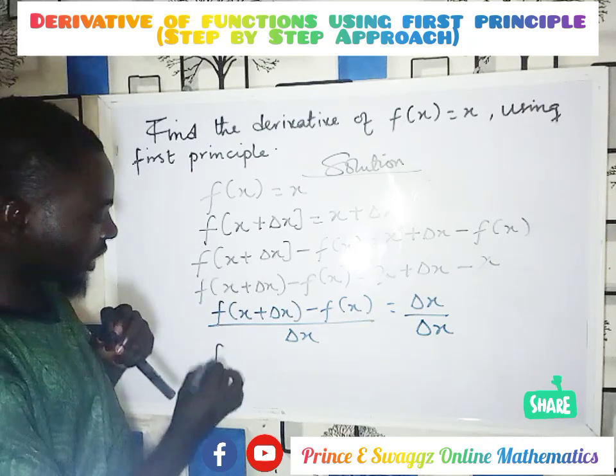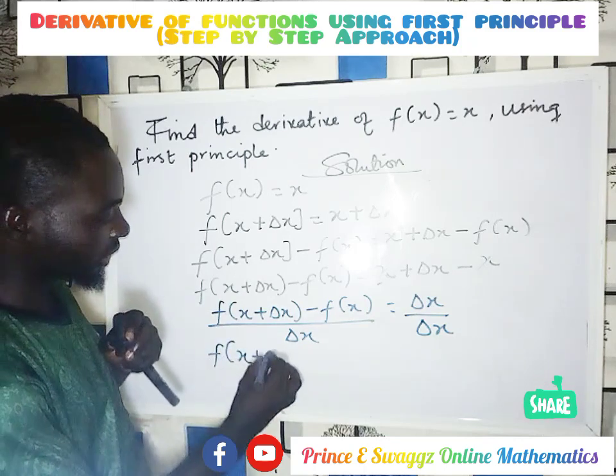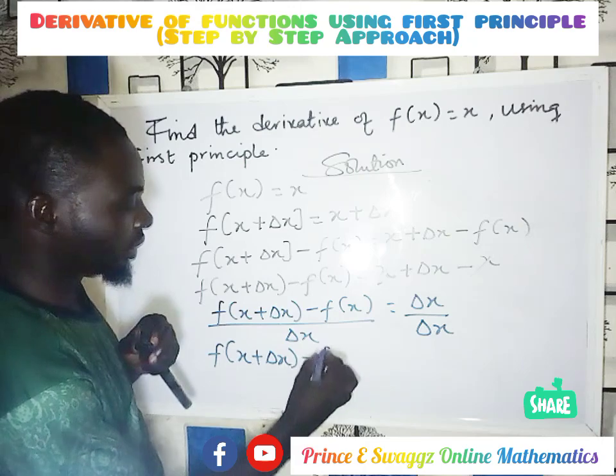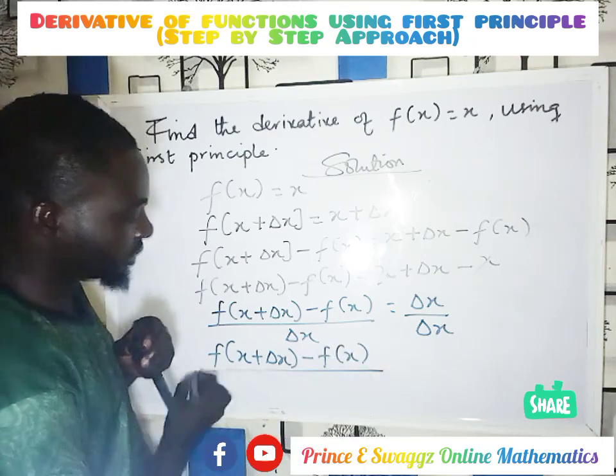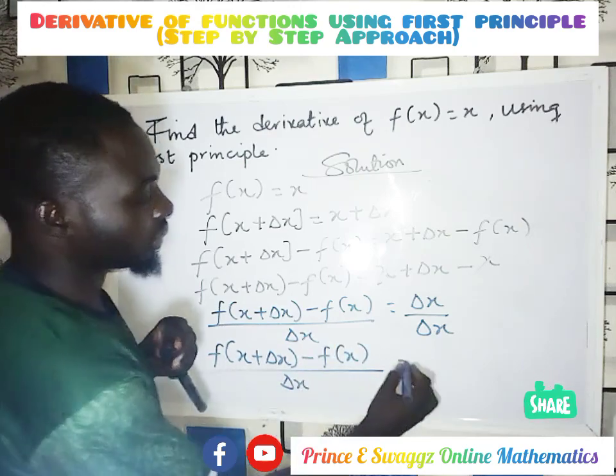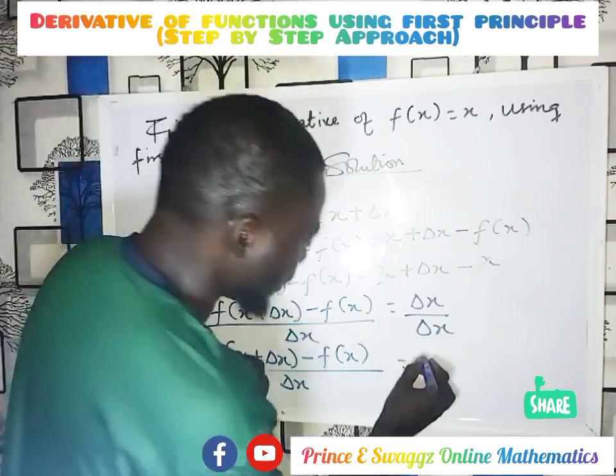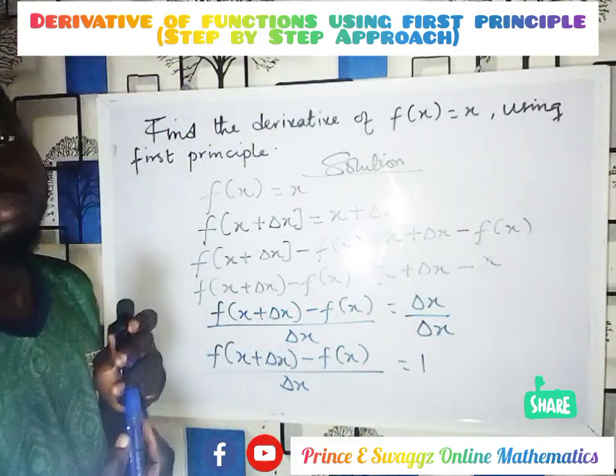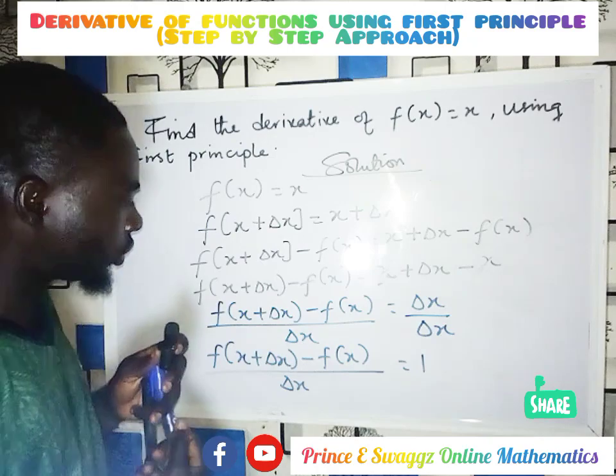That will give us f of x plus delta x minus f of x, all over delta x, equals delta x divided by delta x, which gives 1.